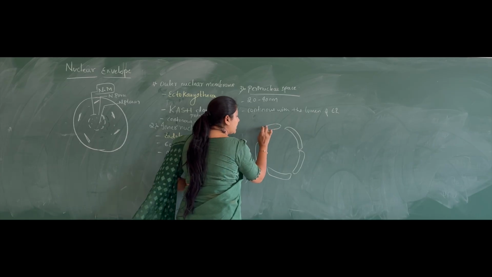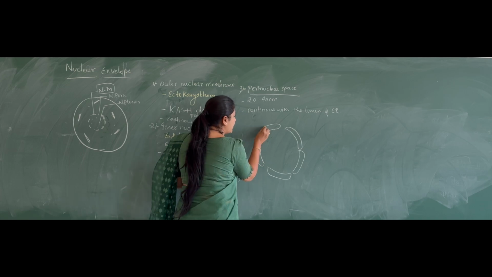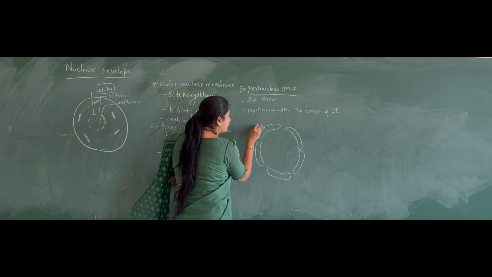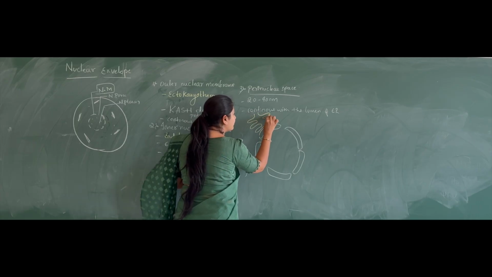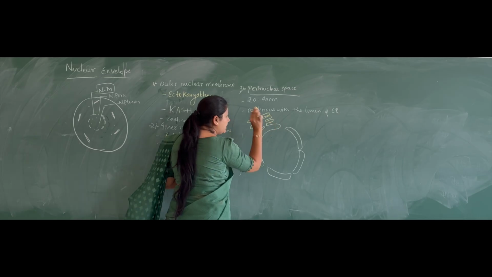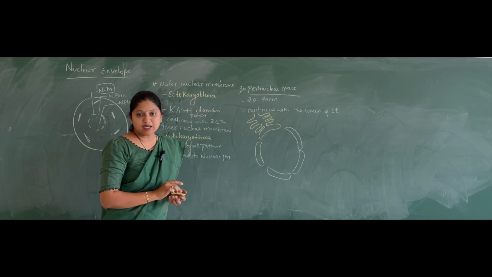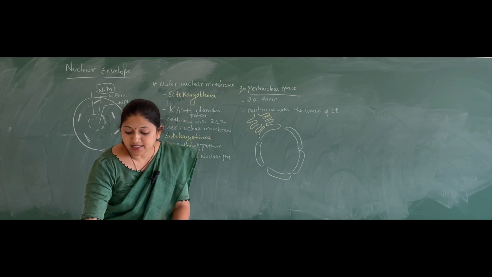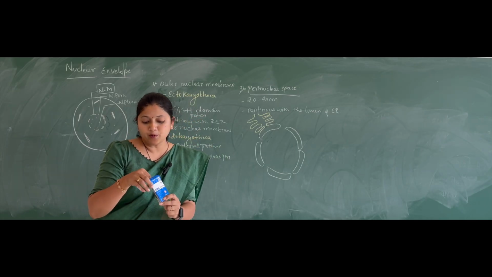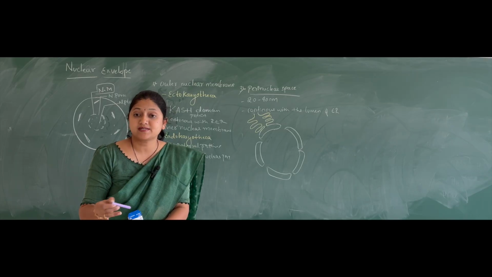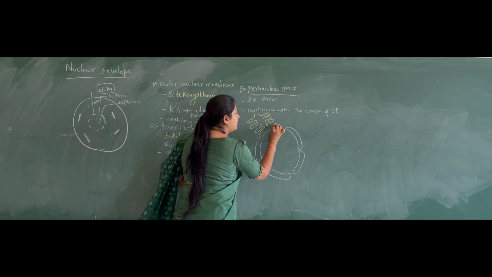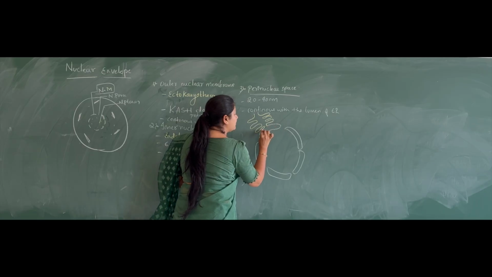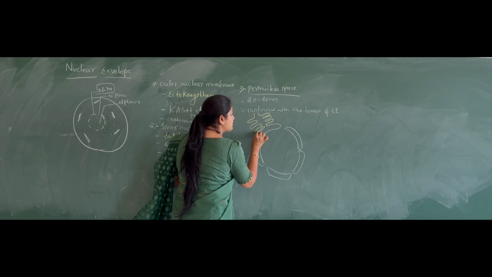The outer nuclear membrane is continuous with the endoplasmic reticulum, and since it is continuous with the rough endoplasmic reticulum, it is studded with ribosomes. So here on the outer membrane also there are ribosomes present.